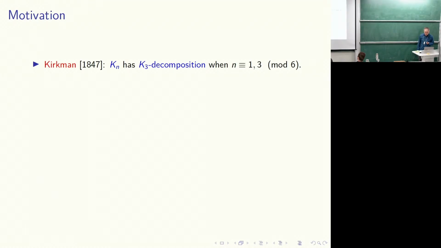It means that the edge set of the complete graph Kn can be partitioned into edge sets of triangles if n is equal to 1 or 3 modulo 6, and it's easy to prove that this condition is necessary because we need two things to happen.